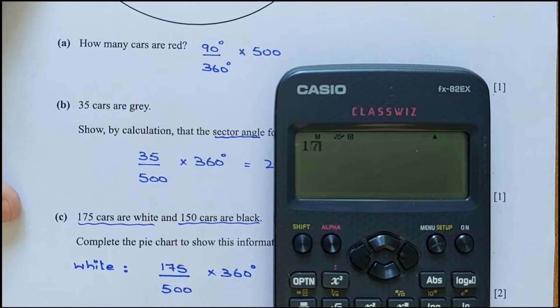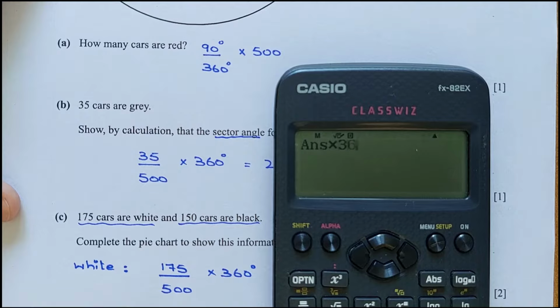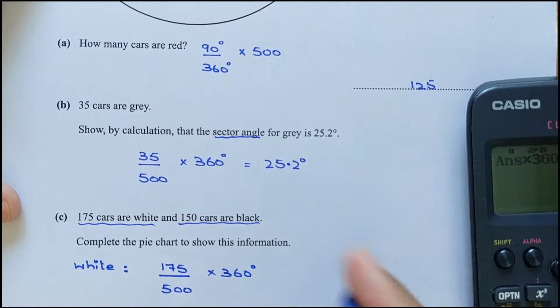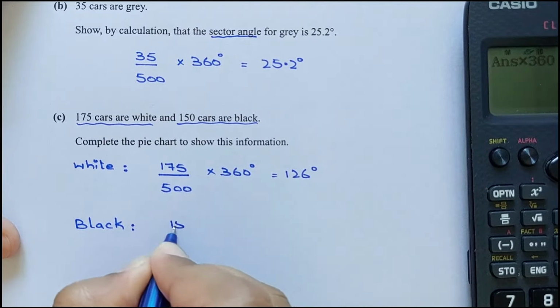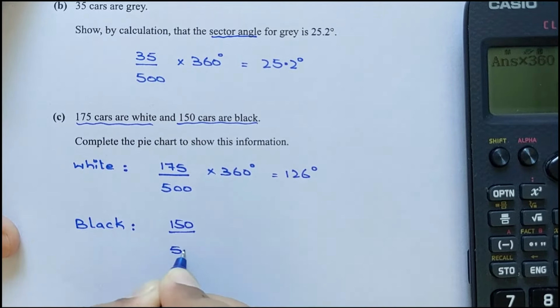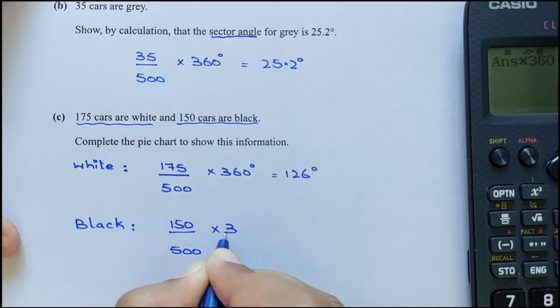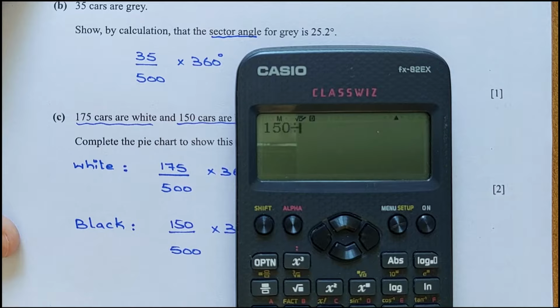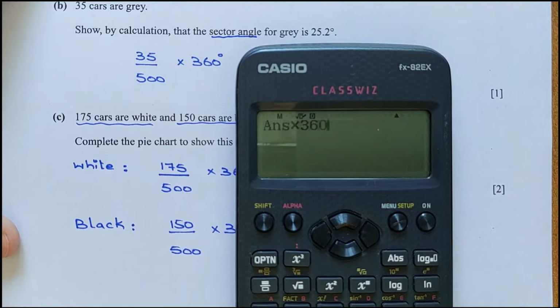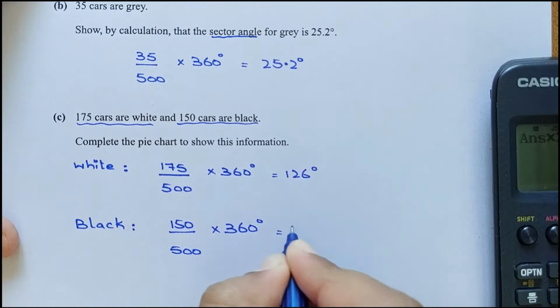So 175 divided by 500 times 360. 126 degrees is the angle for white. And for black, 150 cars out of 500, multiplied by 360 degrees. The sector angle is 108 degrees.